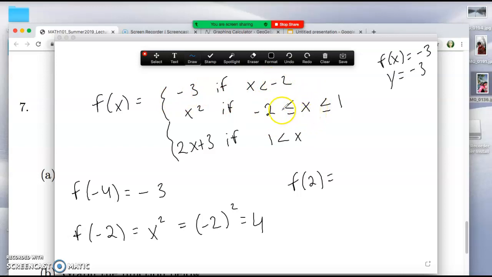Is 2 between -2 and 1? No, so I cannot use the function x squared. Is 2 greater than 1? Yeah, 2 is greater than 1, so I have to use this function, 2x plus 3. 2 times 2 plus 3, that's 4 plus 3, which is 7.